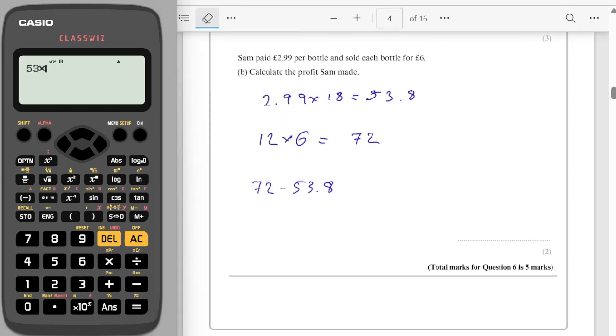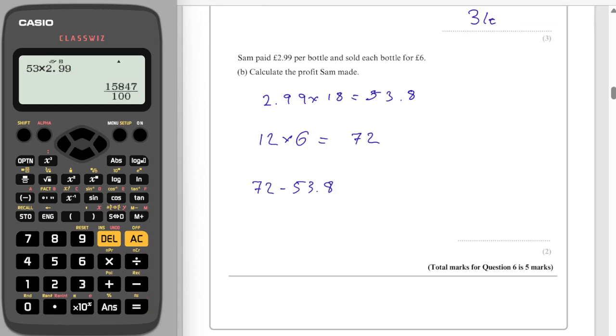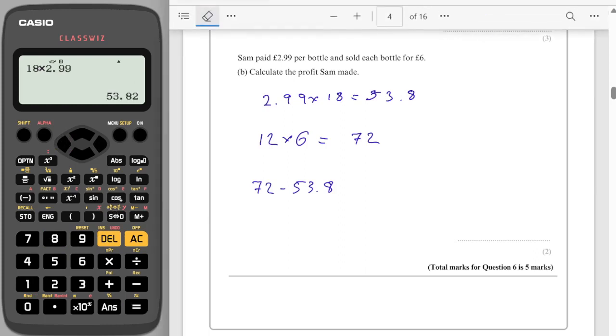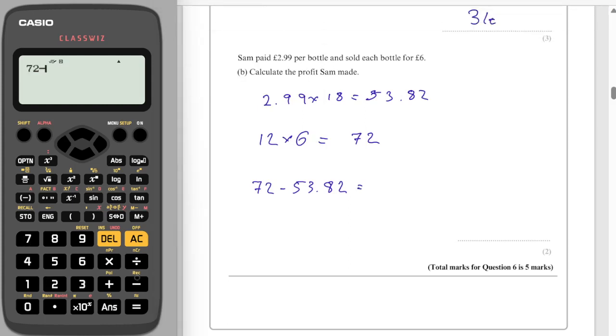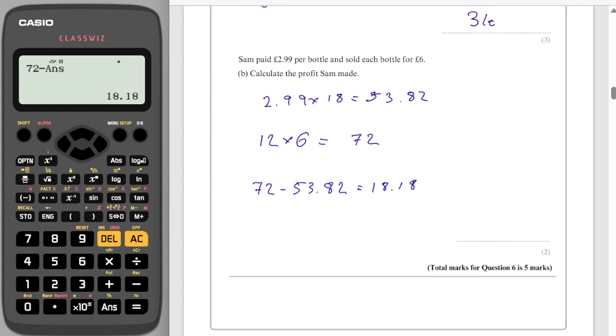So £2.99 times 18. So it was a 2. So the amount that he made then is going to be 72 minus the answer, £18.18. So £18.18 is the amount of profit that he made.